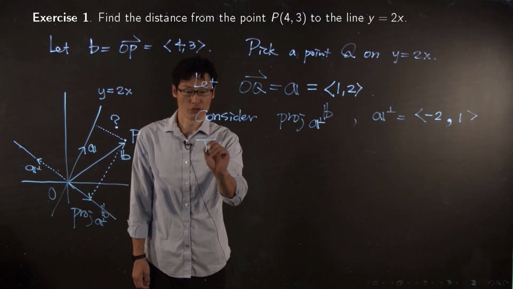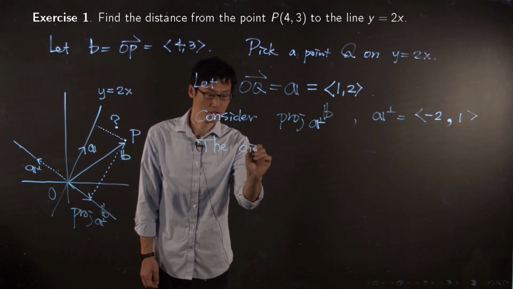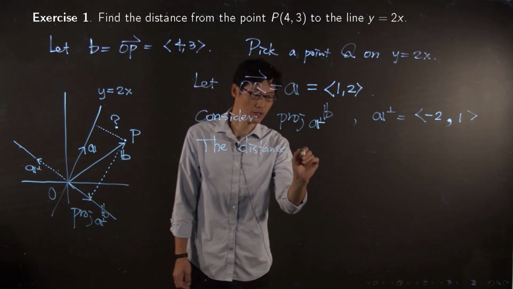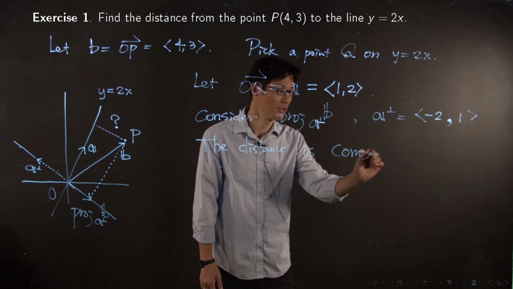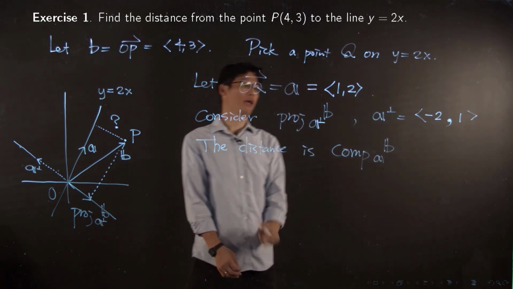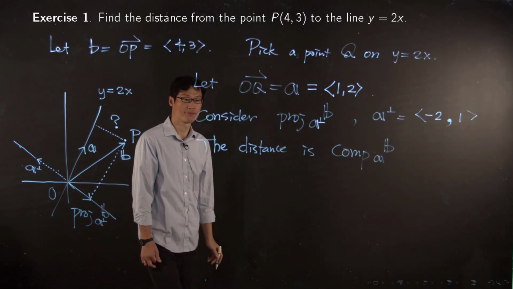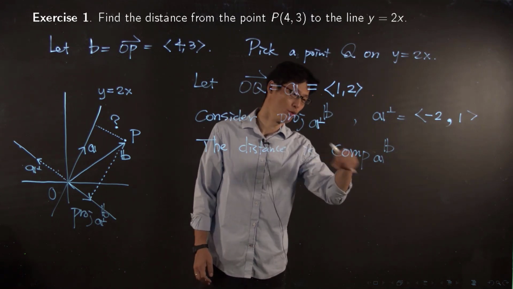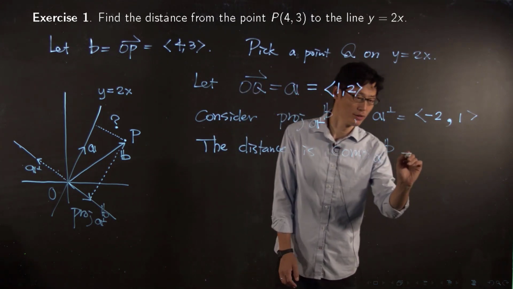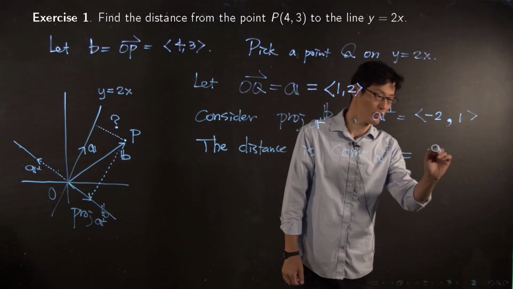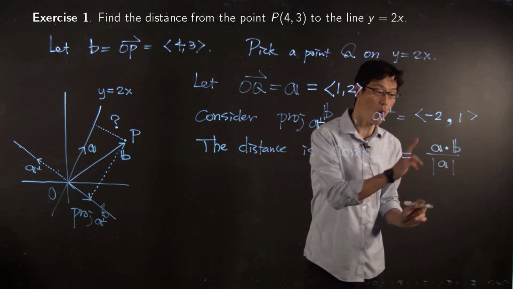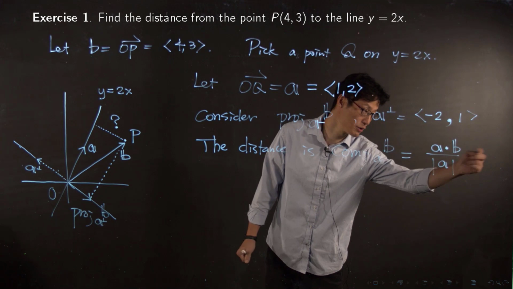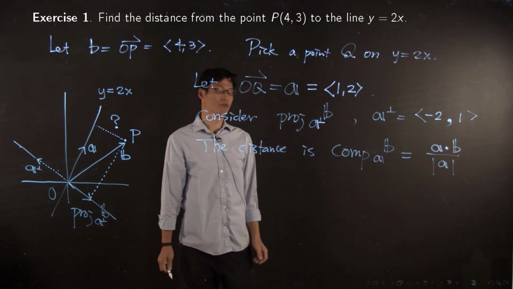Okay, the distance is just the magnitude of this guy, comp of B onto A perp. Let me repeat the formula for this. What we need is the dot product over the magnitude of A, because the remaining part is just a unit vector.